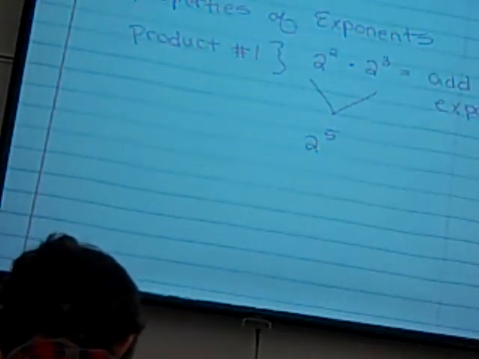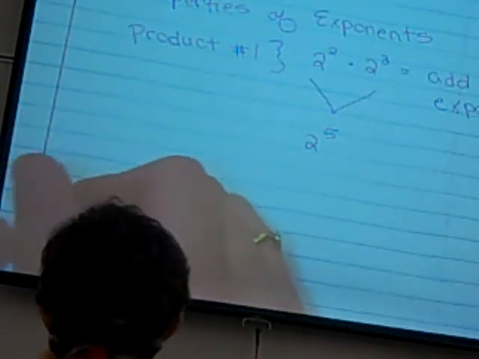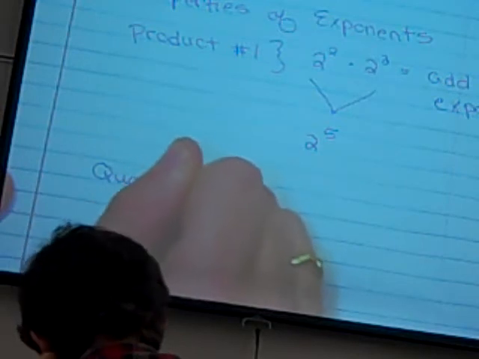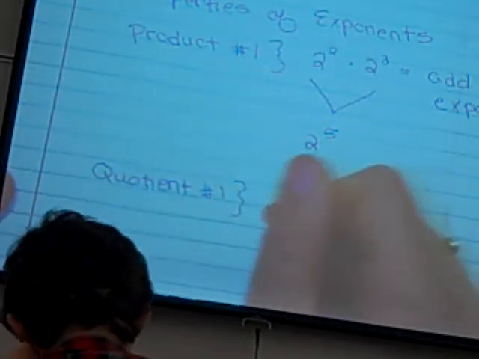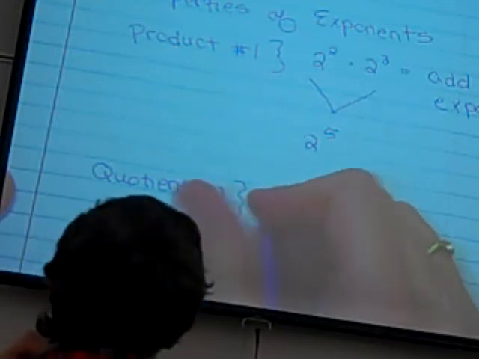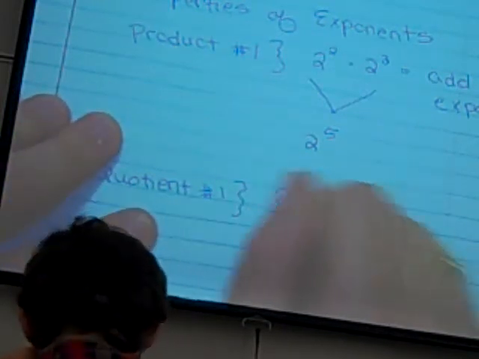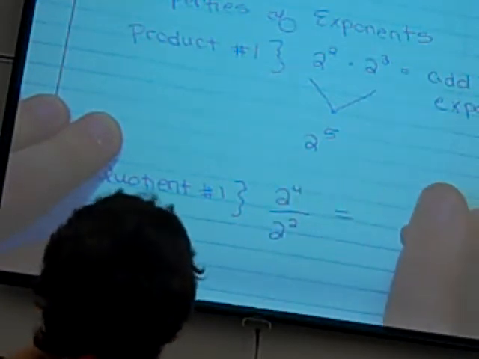Okay, the next one is a quotient property, and it tells me that if I have the same base, let's say I had 2 to the 4 over 2 squared, what do I do to the exponents?